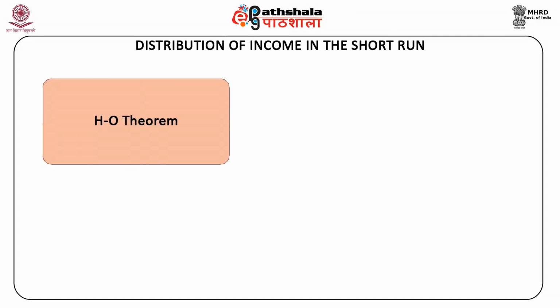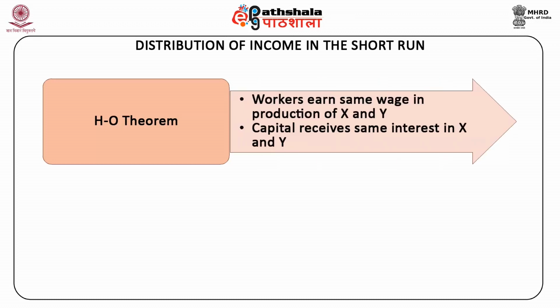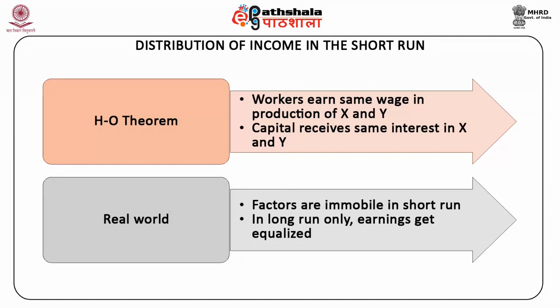If the HO theorem holds true, it does not depend on which industry employs them. Workers earn the same wages in the production of good X and Y, and capital receives the same interest rate in both good X and Y. However, in the real world, factors earn quite different amounts in different industries because it takes time for factors to move between industries, that is, they are immobile in the short run.